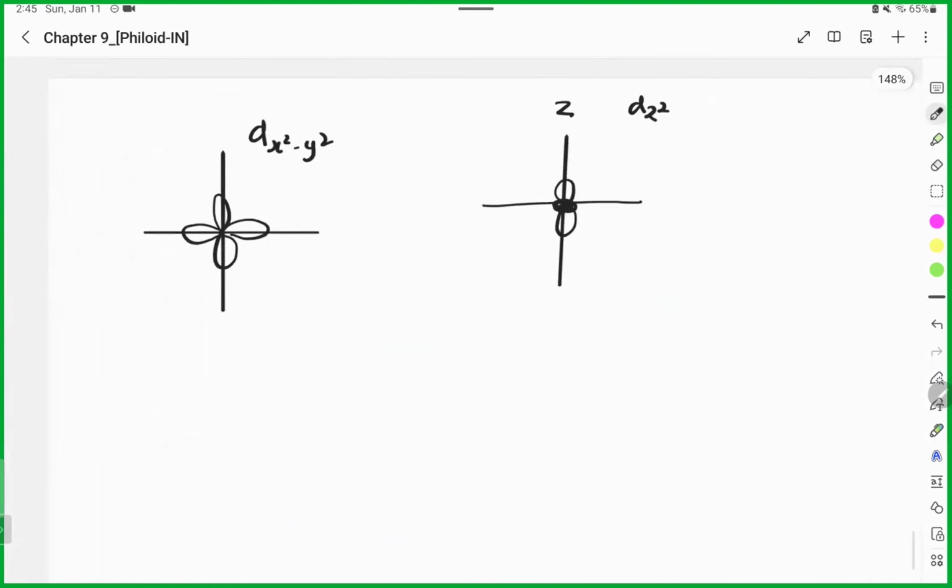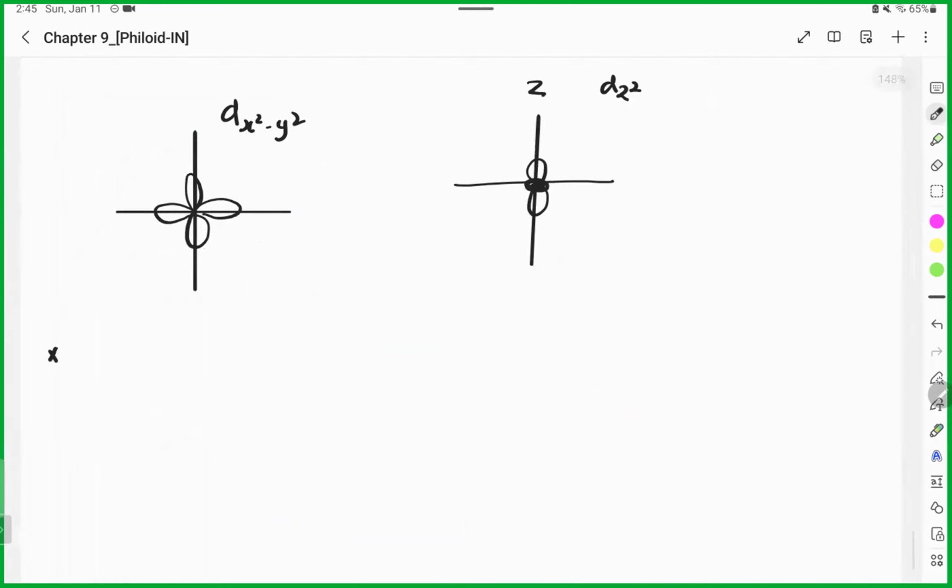Now we'll come to the main part, what is given in NCERT. Crystal field theory is an electrostatic model. What is the meaning of electrostatic model? It means in this case you will consider positive and negative charges. In a coordination compound there are two things: one is metal, the second is ligand.